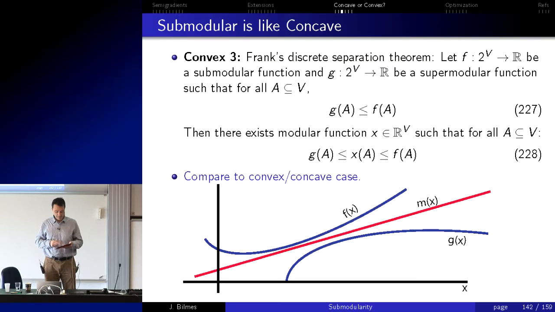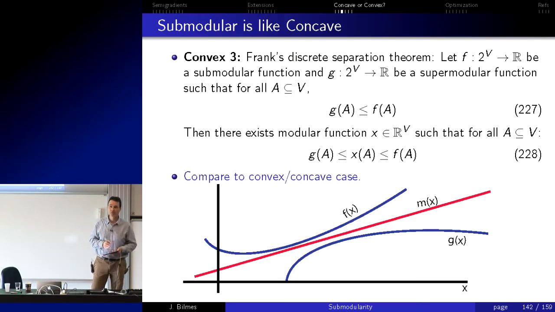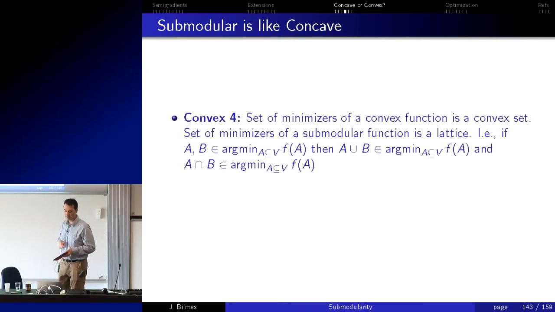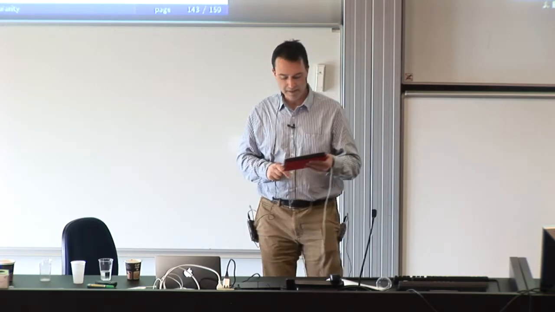And so this is very much like what happens in the convex and concave case. So which function is taking the role of the convex function? Well, f is the convex function. So there's a separation theorem in convex analysis, and there's a separation theorem in submodular analysis.